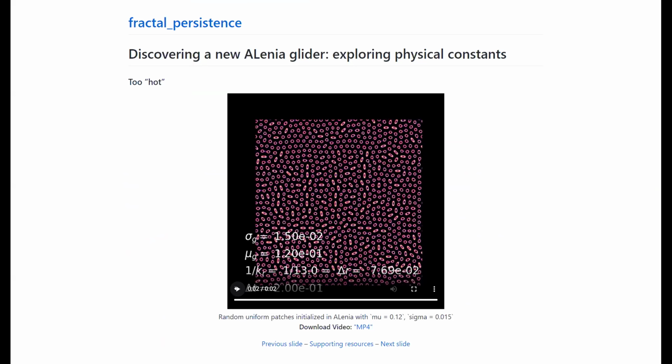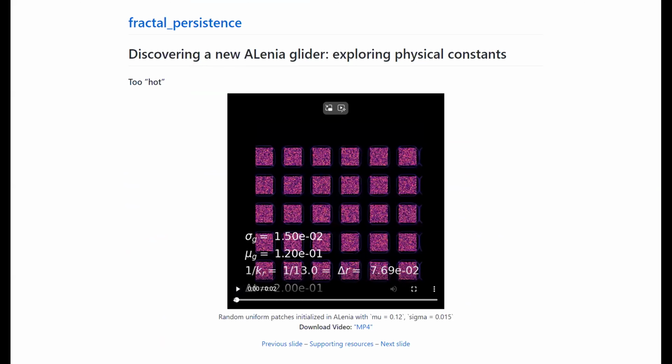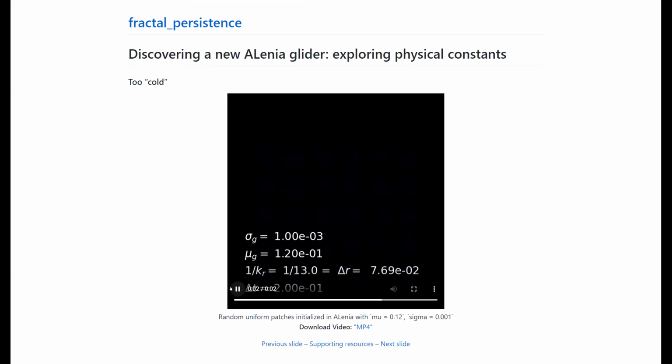In this first case, when it's too large, growth occurs too readily, and we have a space filling rule. So I've started with a bunch of different patches. They're all randomly initialized, but in each example the patches are different, while between the different settings they're the same. On the other hand, if you make this particular parameter too small, then you don't have any growth and everything disappears.